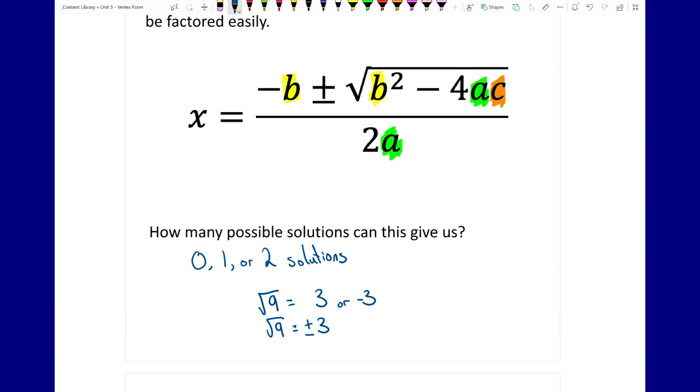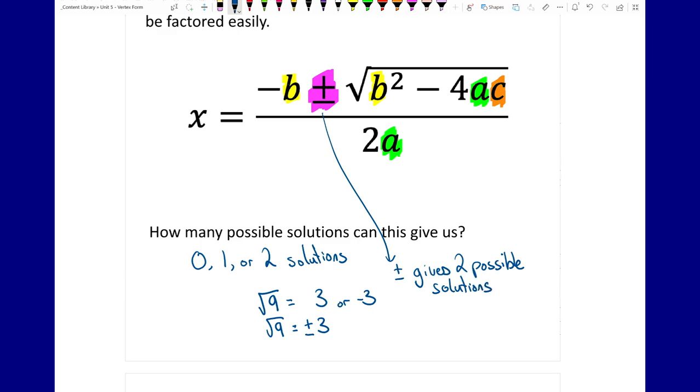We actually get two values or two solutions. And in our equation, we can see this plus minus gives us two possible solutions.